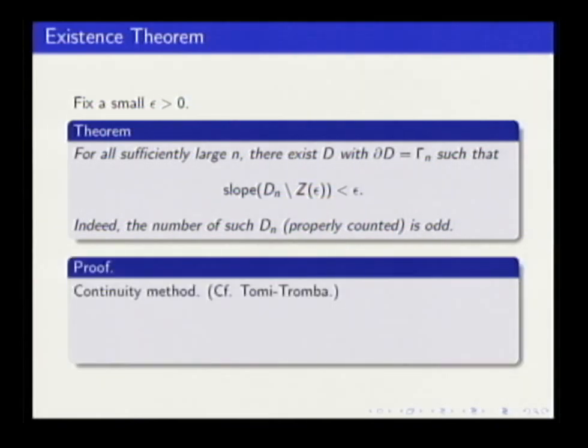And the proof of this is by the continuity method, which in minimal surface theory is pioneered by Tomi and Tromba. And so here's the idea. First of all, if you start in the original situation I described, with the Euclidean metric and these guys are exactly helices, then we know it's true.